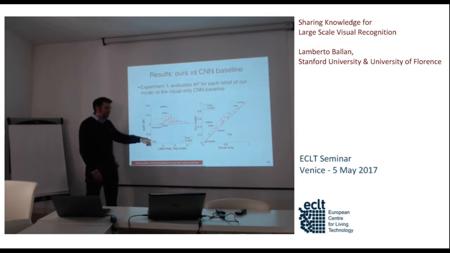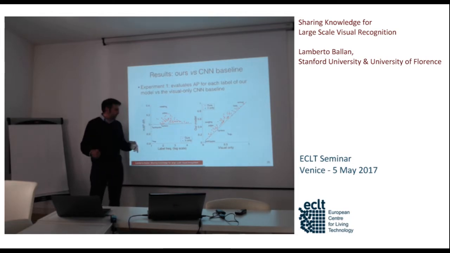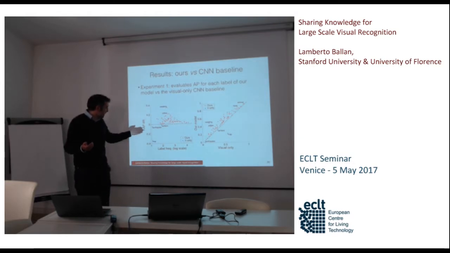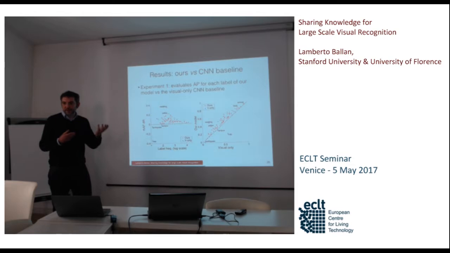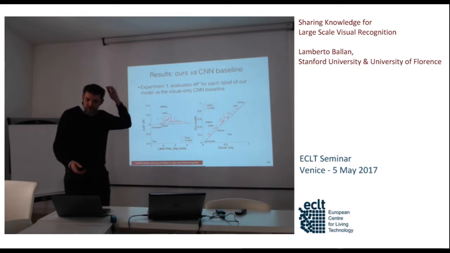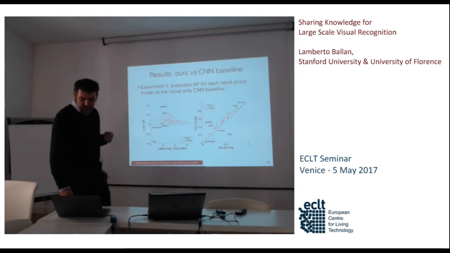So you don't have enough information to share the knowledge between. If you have only 5 images in your training set with this label, it's obviously hard to have enough information to do the transfer learning.